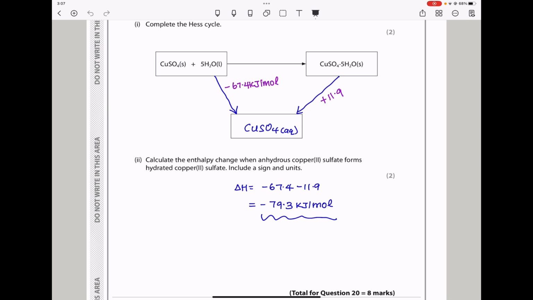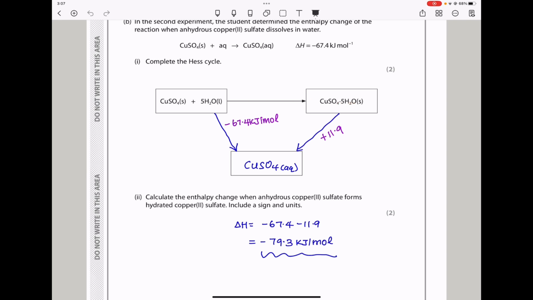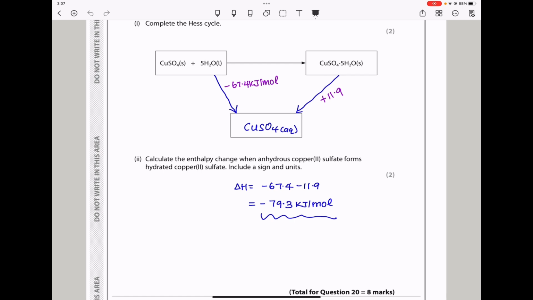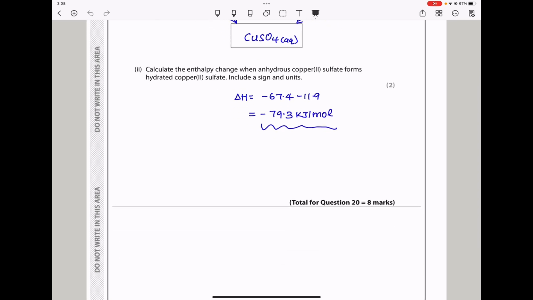So the next question asks, calculate the enthalpy change when anhydrous copper 2 sulfate forms hydrated copper 2 sulfate. They want you to include a sign as well as units. In this case, to find that, it's going to be negative 67.4 minus 11.9, which is negative 79.3 kilojoules per mole. So this is going to be my answer. So this brings us to the end of question 20. Let us continue to question 21.